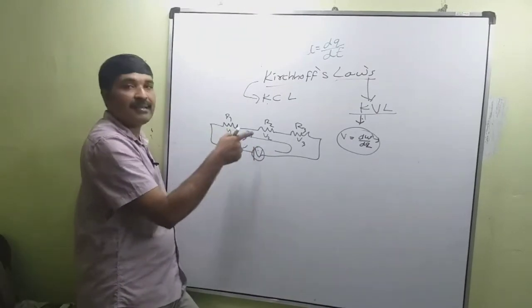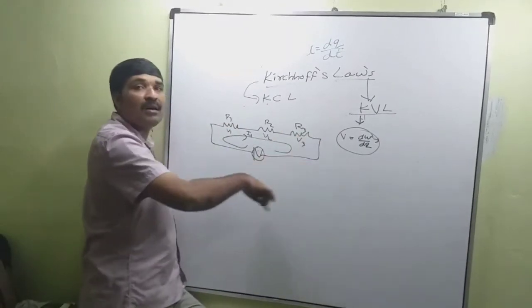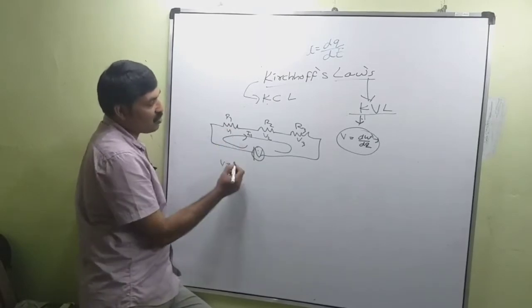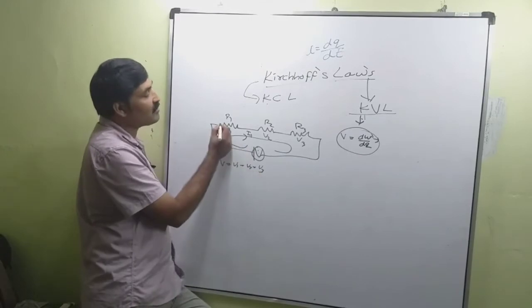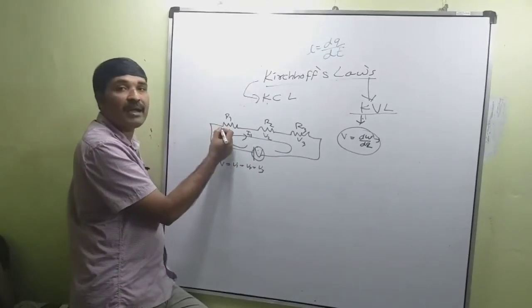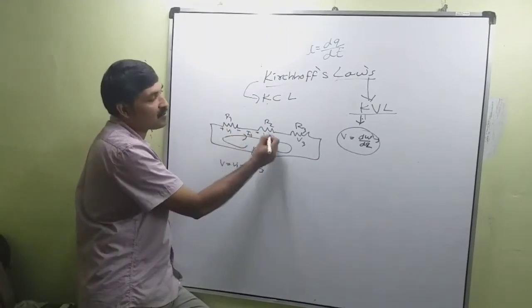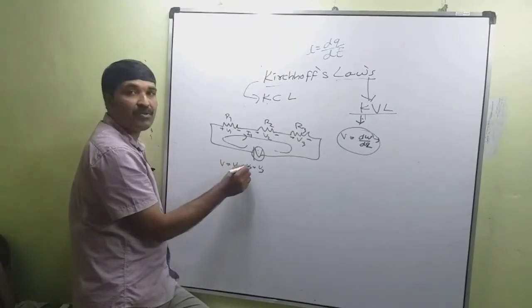Since this is a series connection, the current I will flow through all the elements. Now V is equal to V1 plus V2 plus V3. The polarity follows the direction of current, since current flows from higher potential to lower potential. This becomes plus, minus, plus, minus, plus, minus. So V is equal to V1 plus V2 plus V3.